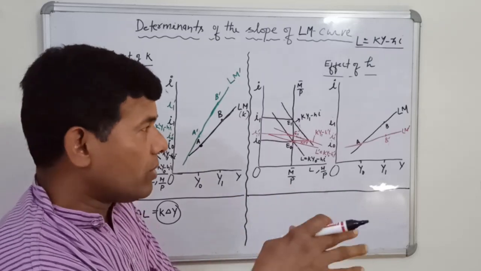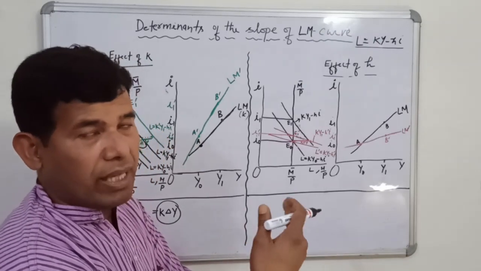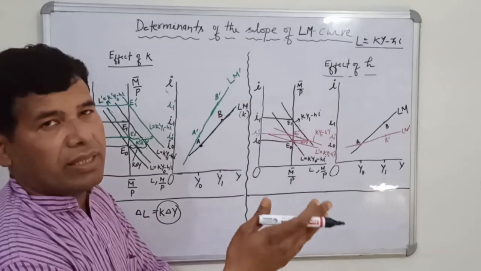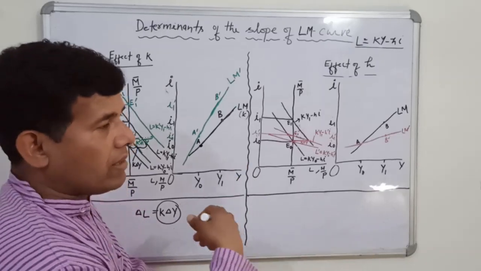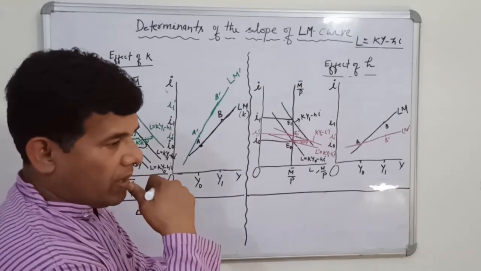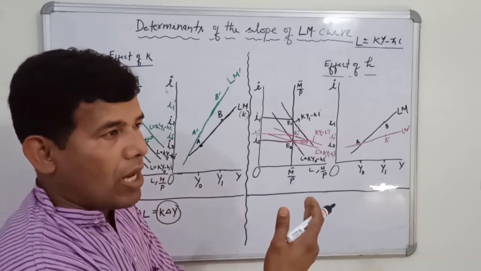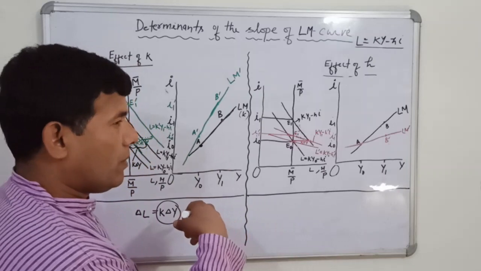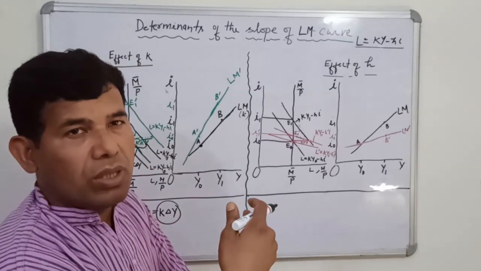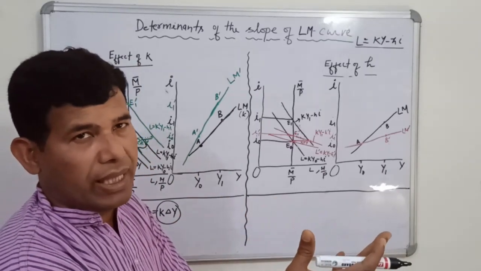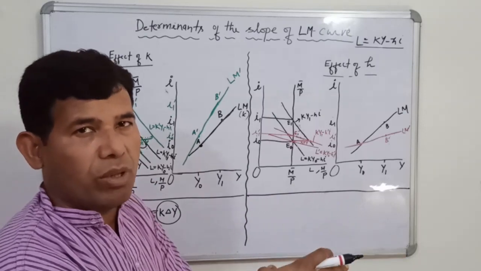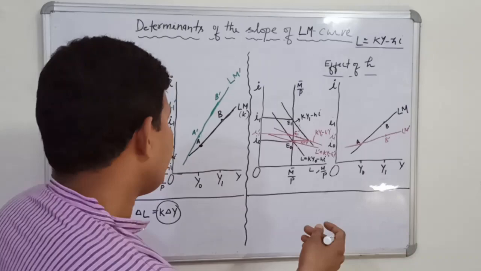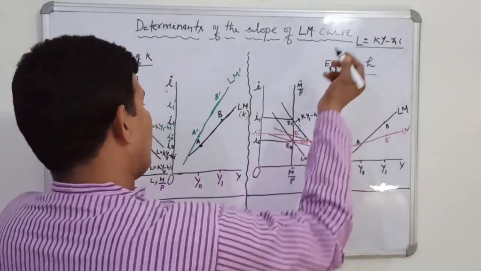So all those factors determine the value of K. Now take a situation where there is a lot of uncertainty in the banking system, or going to the bank is a very tedious task, withdrawing money is a very tedious task. So what will you do? Most portions of your income you would keep in the form of cash rather than deposits or bonds. So in that case the value of K is higher.